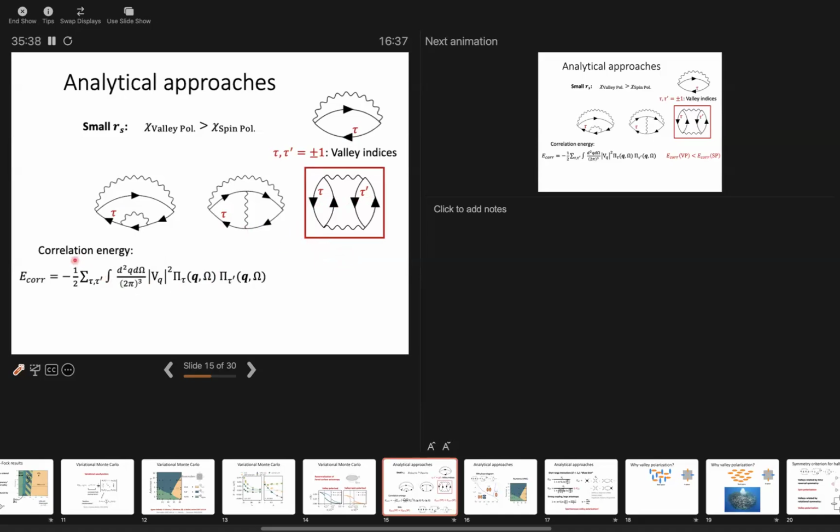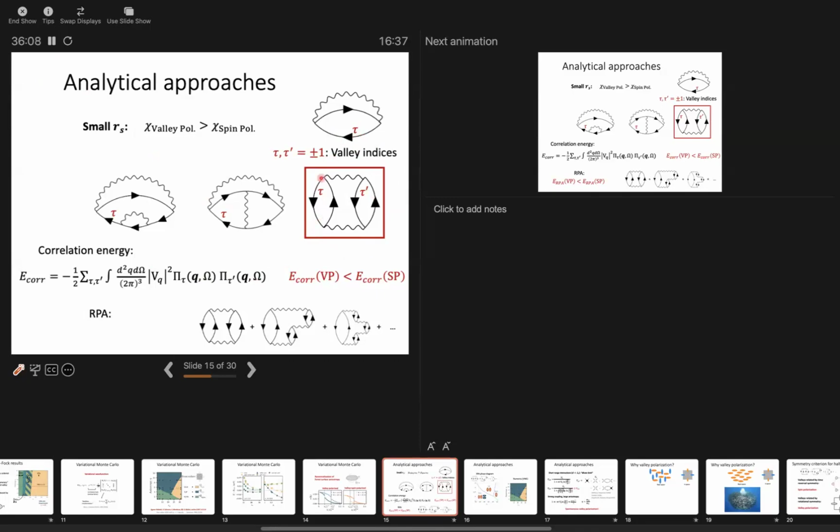It's basically this product of two polarization functions, and if these two polarization functions are the same, meaning both electrons are in the same valley, you actually gain more correlation energy compared to the case where they're in different valleys. So there's a correlation energy gain, and it turns out for long-range Coulomb interactions, there's a log singularity.